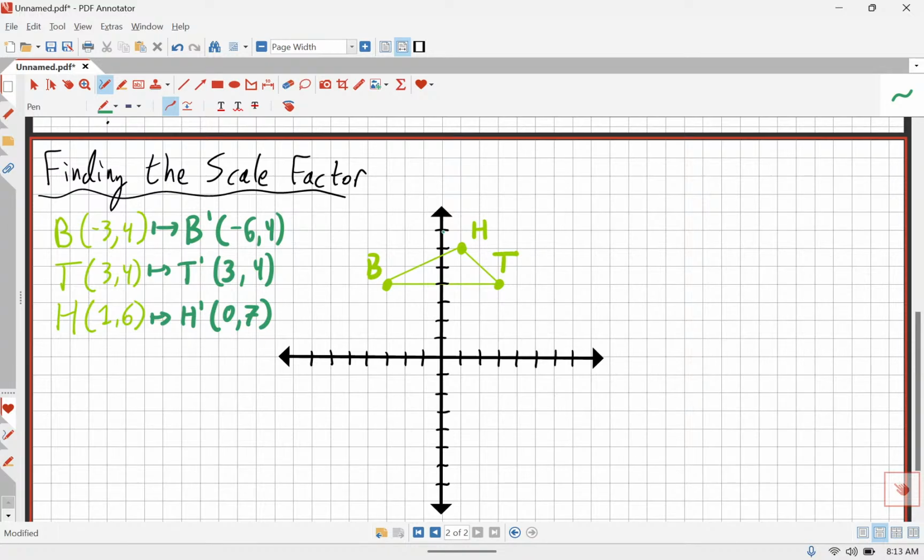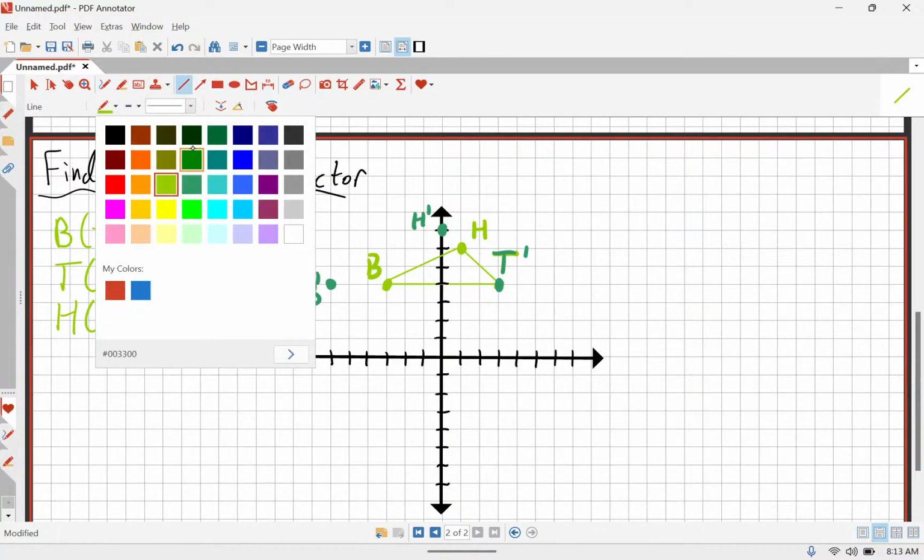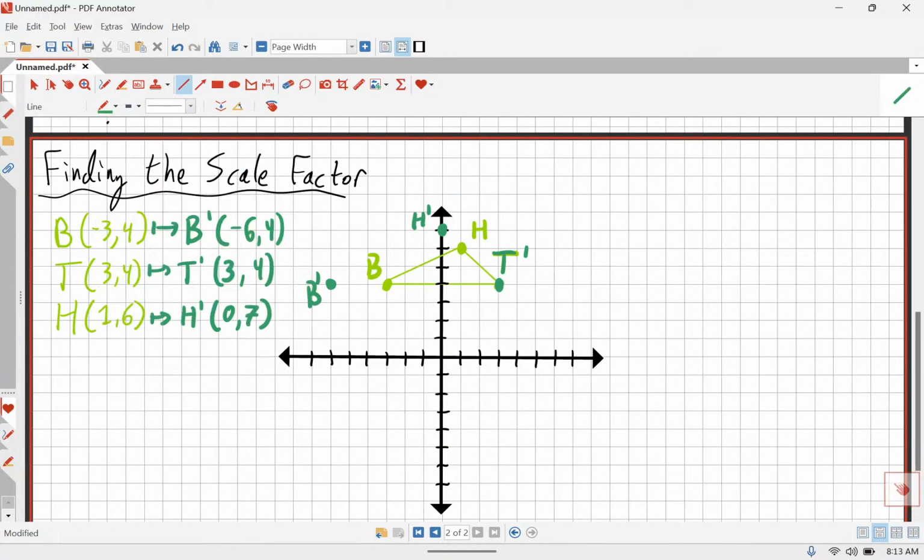So H prime is here. T prime didn't move. And B prime is at -6, 4: 1, 2, 3, 4, 5, 6, then 1, 2, 3, 4. So Beth prime looks like this.